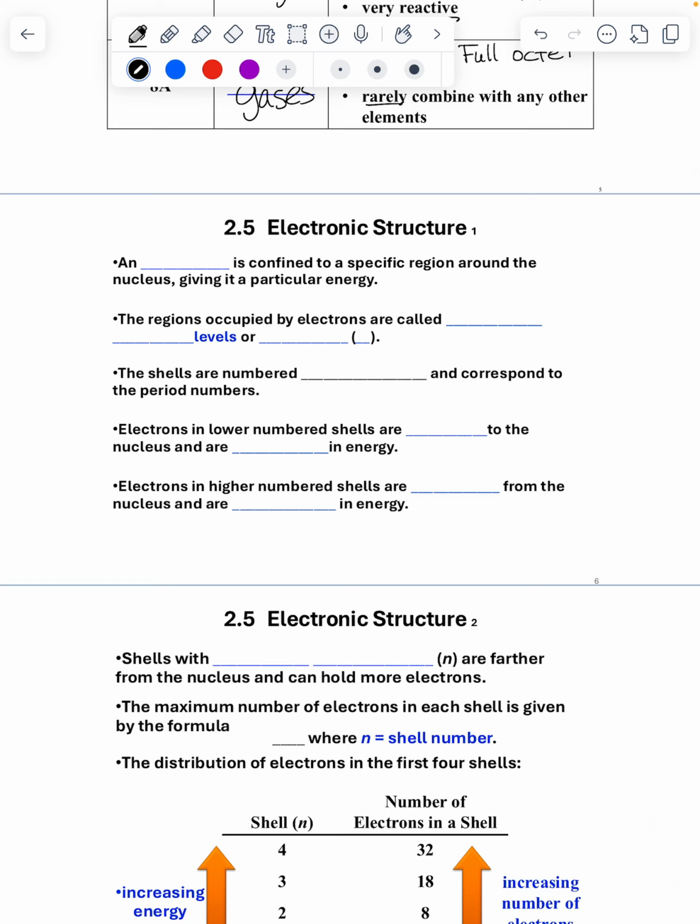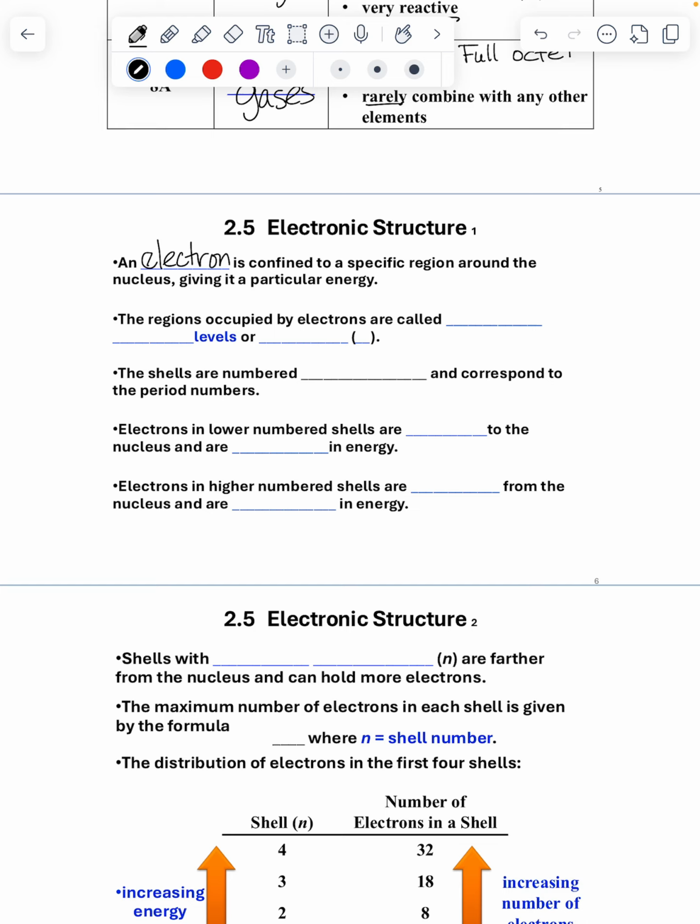The next thing we want to talk about are the electrons. We know that in the center of the atom is the nucleus, and that contains the protons and the neutrons. But around the nucleus are the electrons. An electron is confined to a specific region around the nucleus, and that gives it a particular energy.